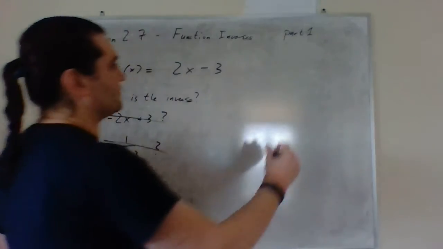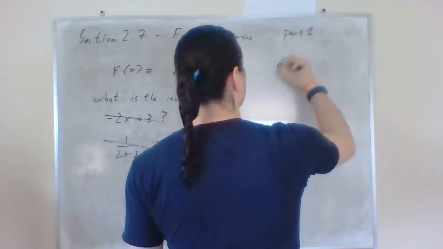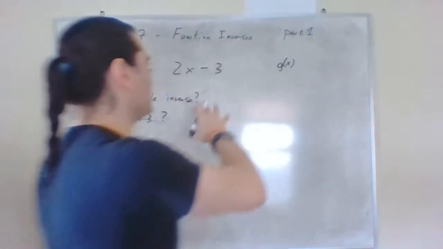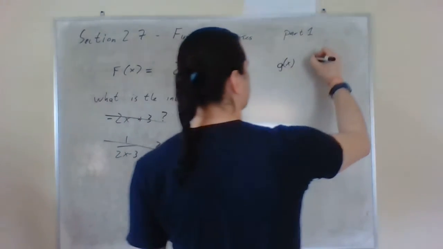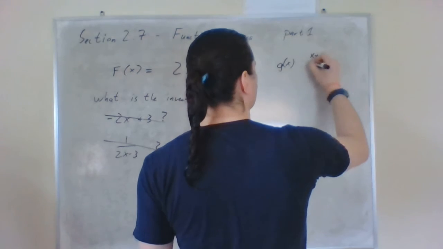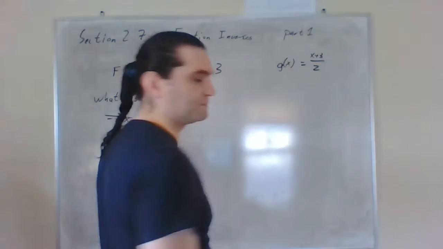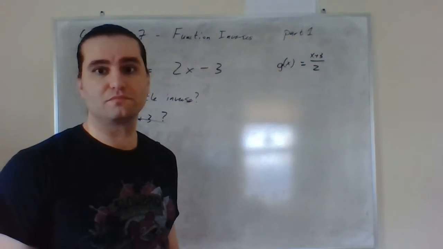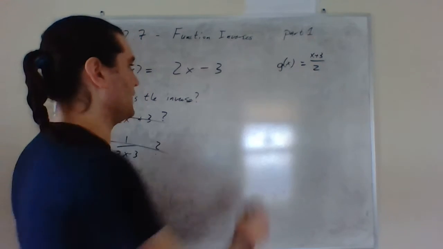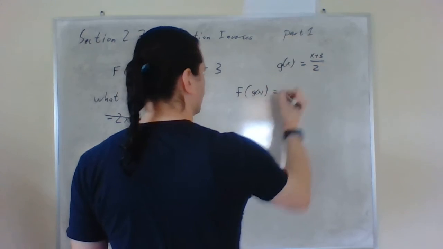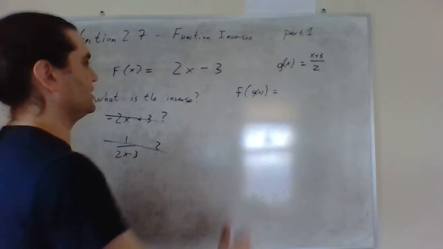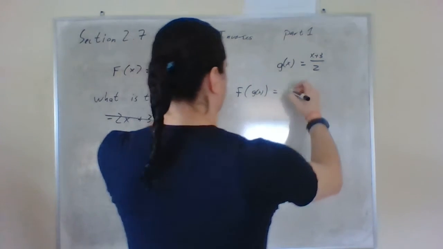The function inverse for this, and we'll go over how to find a function inverse in a little bit, but the function inverse for this is x plus 3 over 2. And I will show you why. f of g of x, in this case, is going to be, let's look at what f does to things.